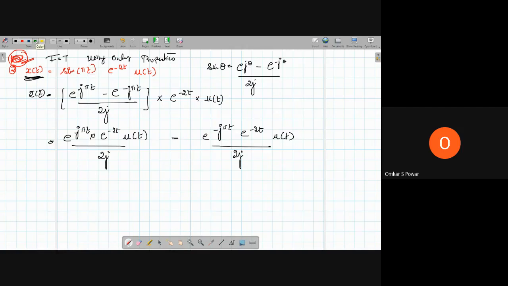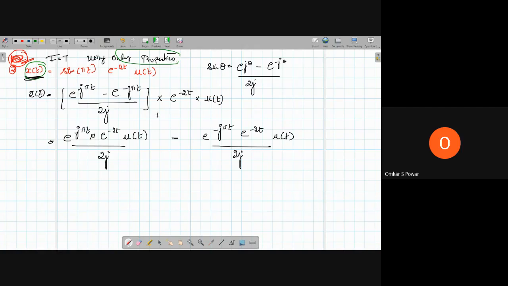Again, first we will handle each one step by step. Here they have given the time domain signal, so we have to find the corresponding Fourier transform of the signal using only properties. First thing, read the question, understand the question.